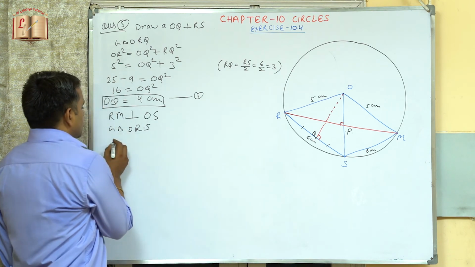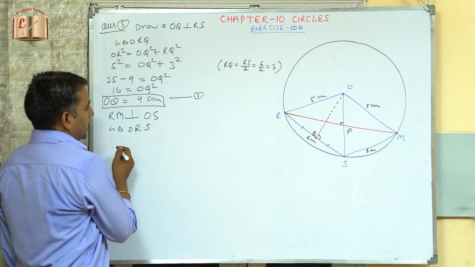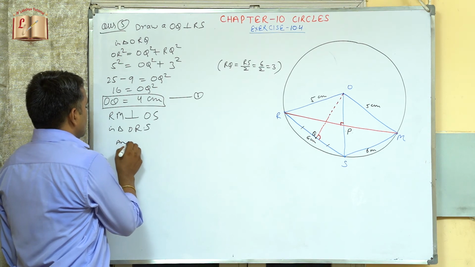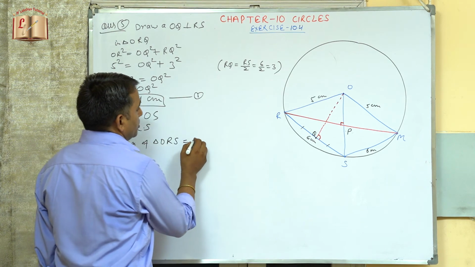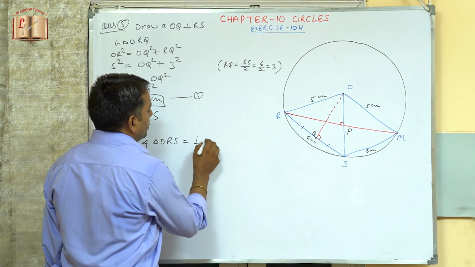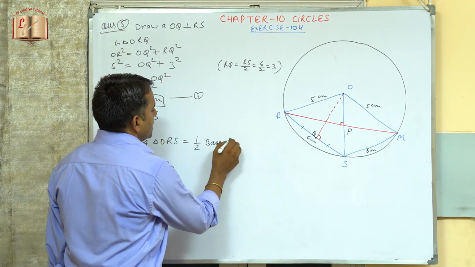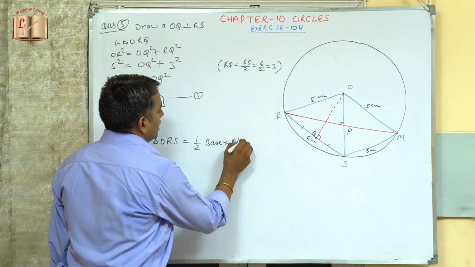So we can write area of triangle ORS equals half of base into altitude.